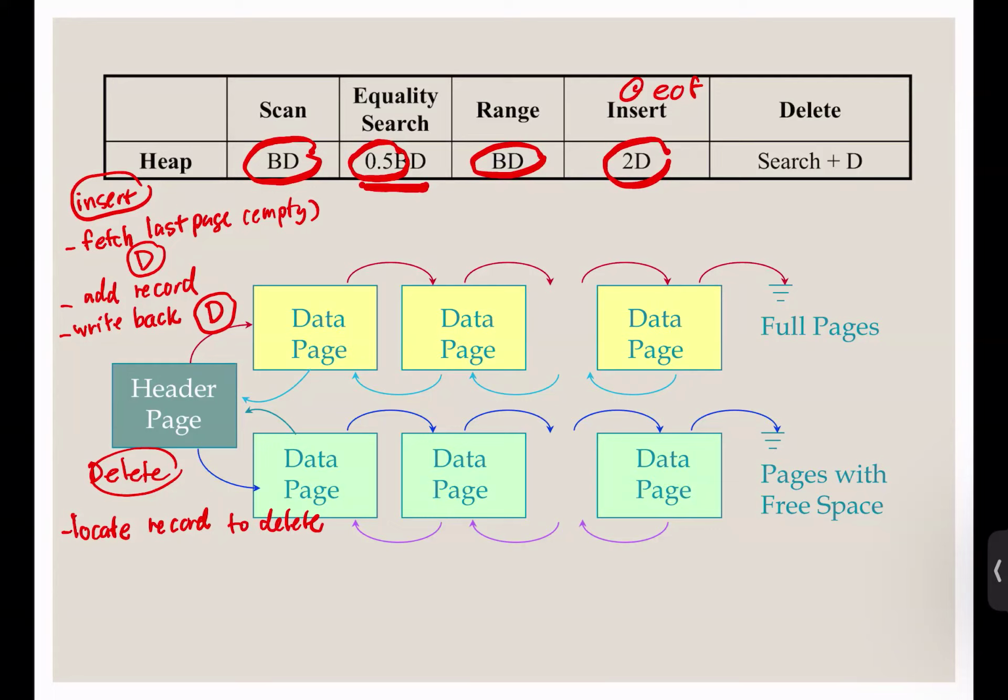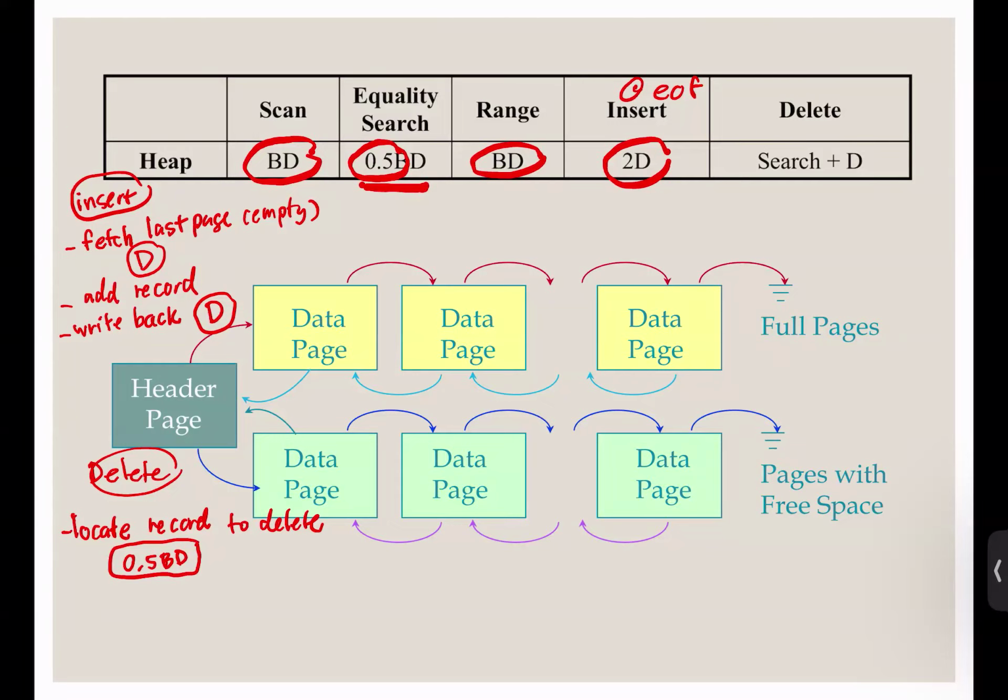How much time do I need to locate the data record to delete? Well, that would be an equality search, right? I don't know where it is. It could be the best case, the first record there, or it could be the worst case, the last record there, but this is average case analysis. So on average, my record to delete is somewhere in the middle. So it would take 0.5 BD to locate the record to delete.